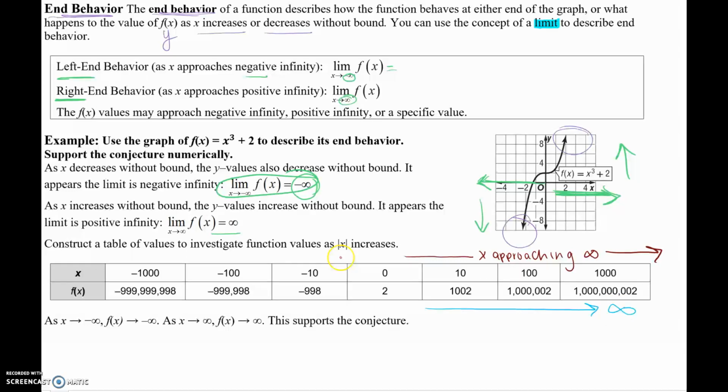And then if we look at our x values as x is approaching negative infinity, so going to the left, our y values are also going towards negative infinity. Now this isn't always the case. It can approach negative infinity, positive infinity, or a specific value.